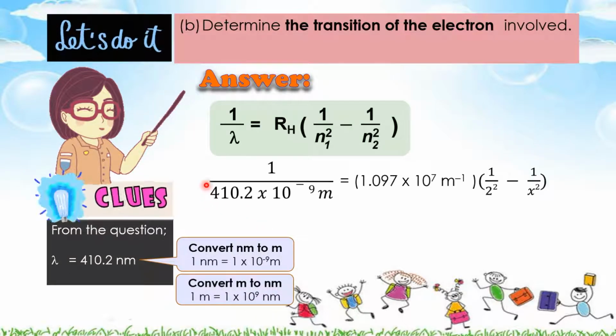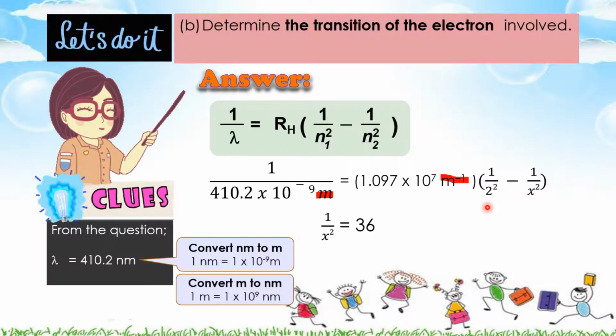Convert the unit for the wavelength from nanometer into meter, and then substitute the value of RH. From here we notice that we can cancel out the unit of meter and per meter. Next, substitute n1 which is 2, and n2 we can represent as x.